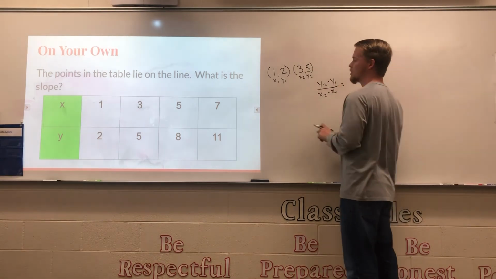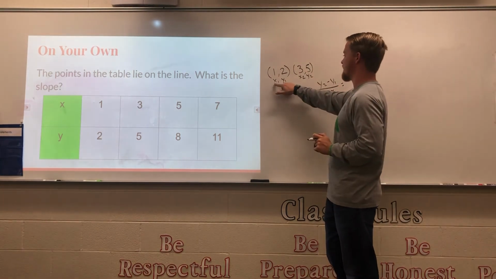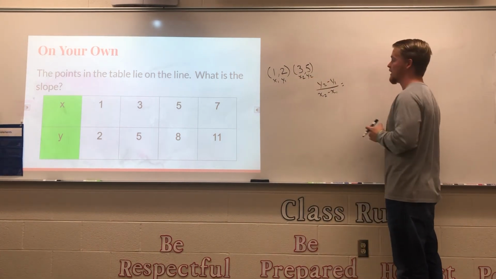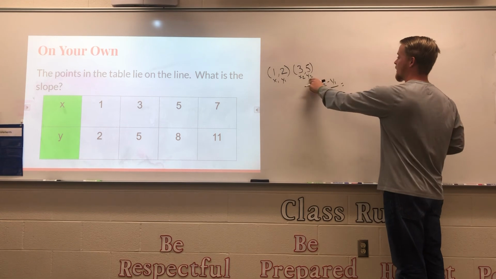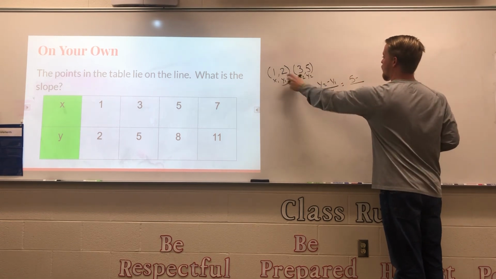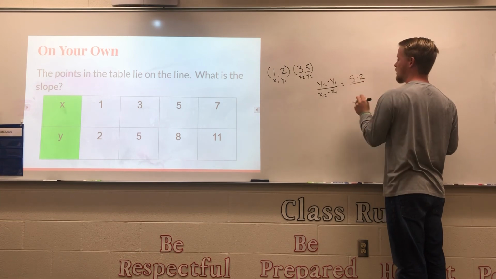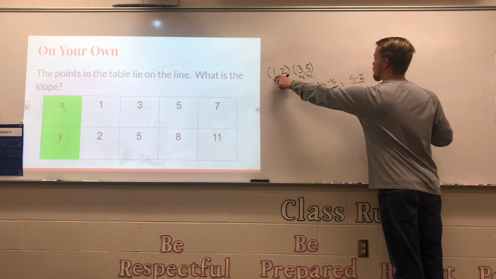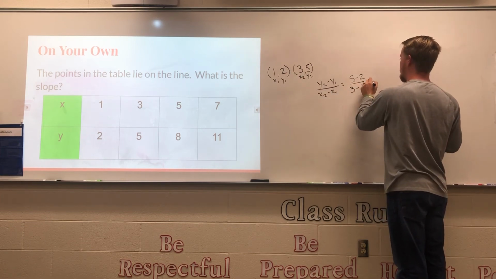Okay, so I chose the first two. This is x1, y1, x2, y2. And I'm going to, again, just plug them into my equation. My y2 is 5, minus my y1 is 2, my x2 is 3, minus my x1 is 1.